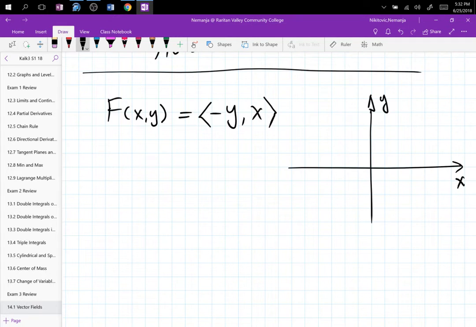What's going on? I don't like this one. It's not a spiral. It's like this.